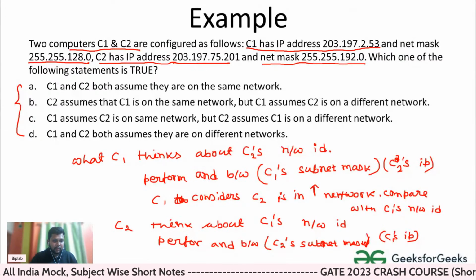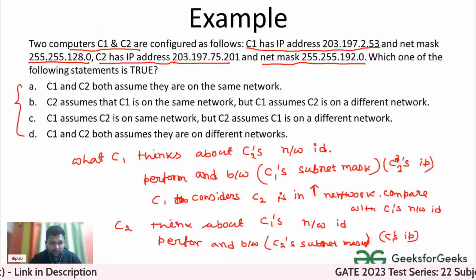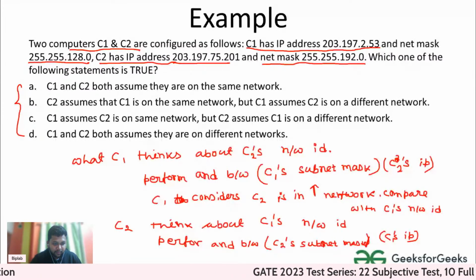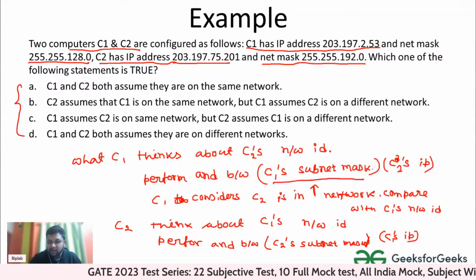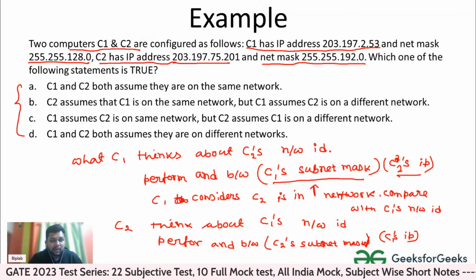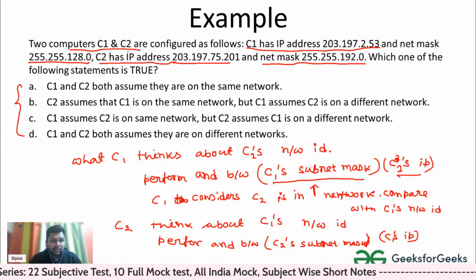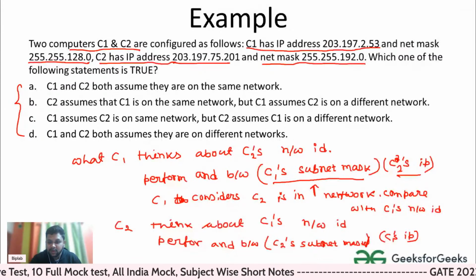So let me do it for one. We have to perform the AND operation between C1's subnet mask and C2's IP. C1's subnet mask is 255.255.128.0.